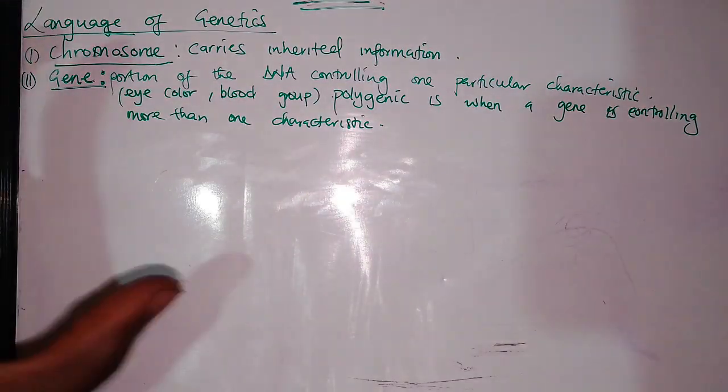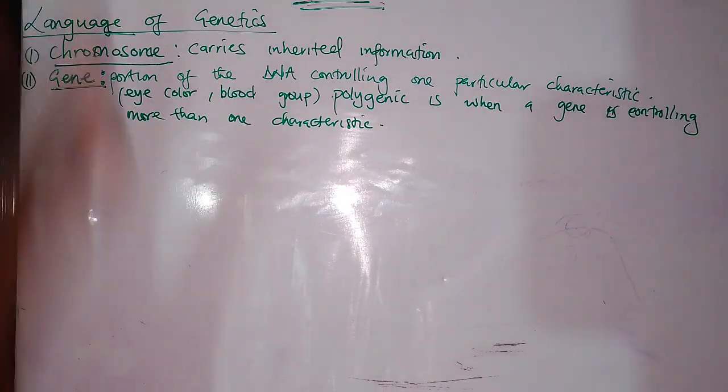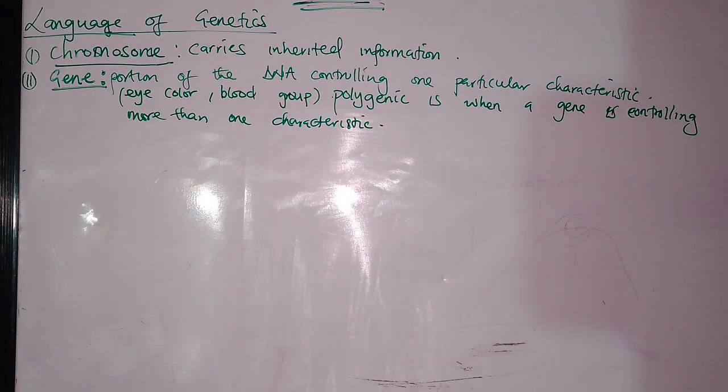So this is what you need to understand. A gene is just a portion of DNA controlling a particular characteristic. It can be height, body mass, eye color, and so forth.